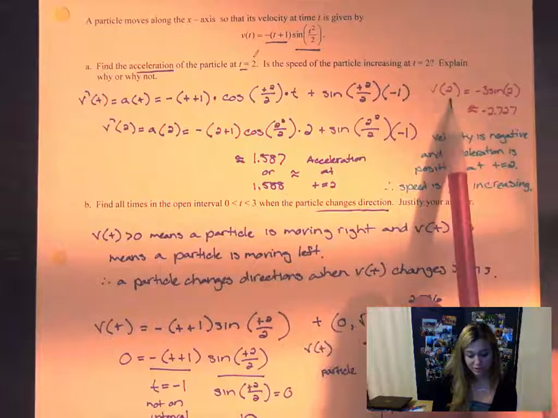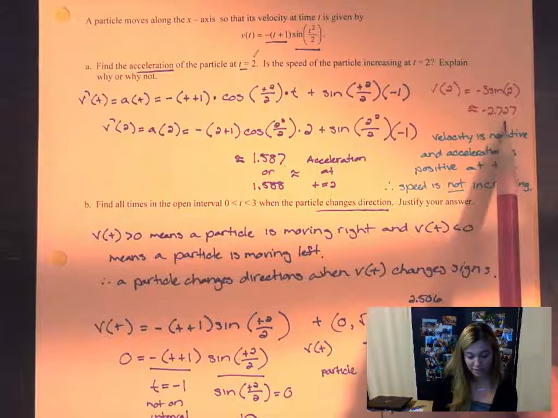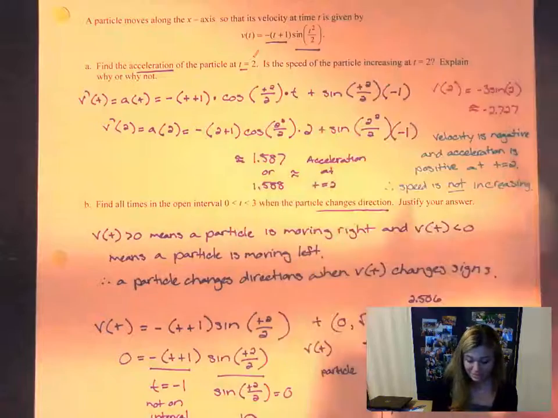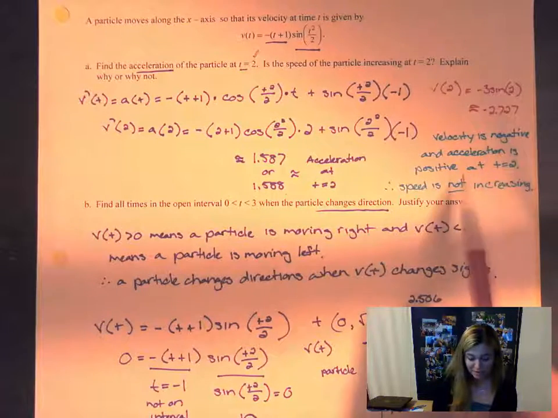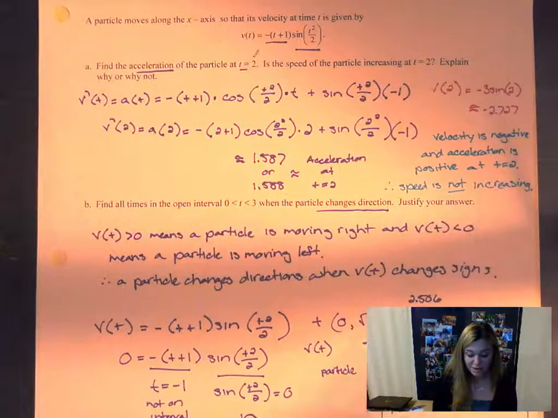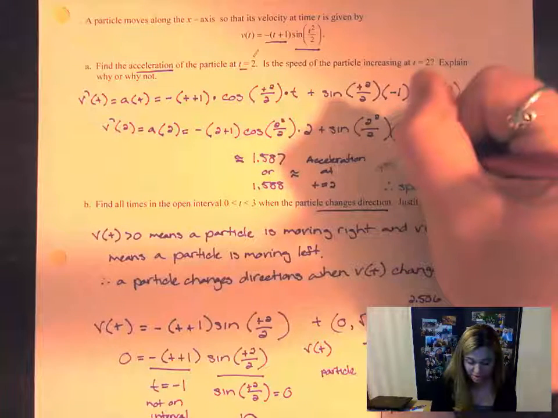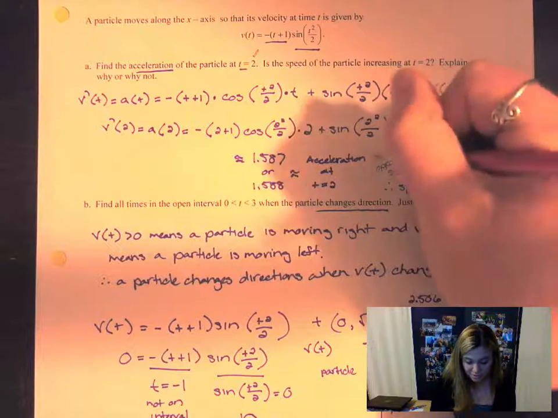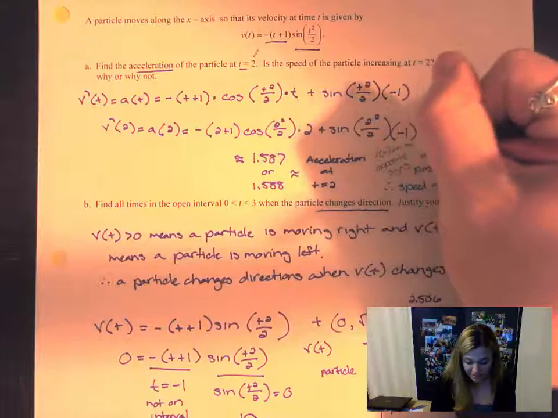So if we substitute in 2 for velocity, we get negative 2.727. Right now, I can say velocity is negative and acceleration is positive, therefore speed is not increasing. And you might even say opposite signs, v of t and a of t.